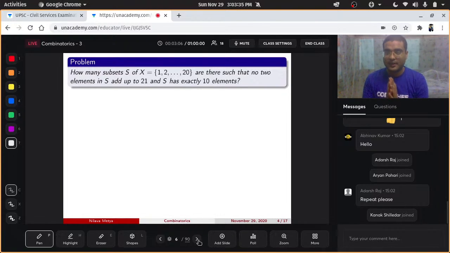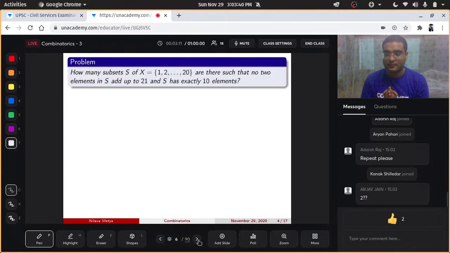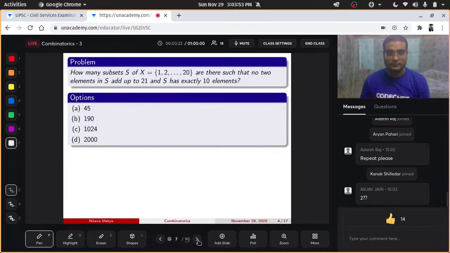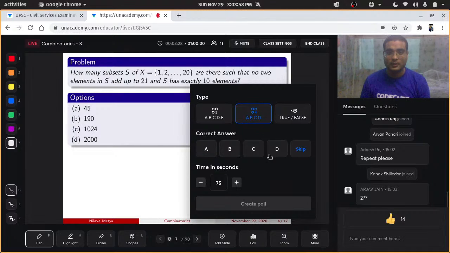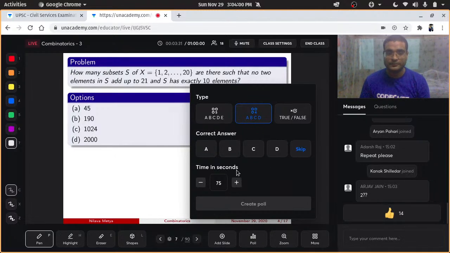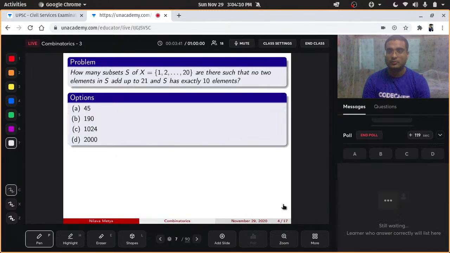If it is, I can proceed to the options for the poll. Do not answer in the comments. You will have four options, and I'll give you 2 minutes to answer. The poll starts now.